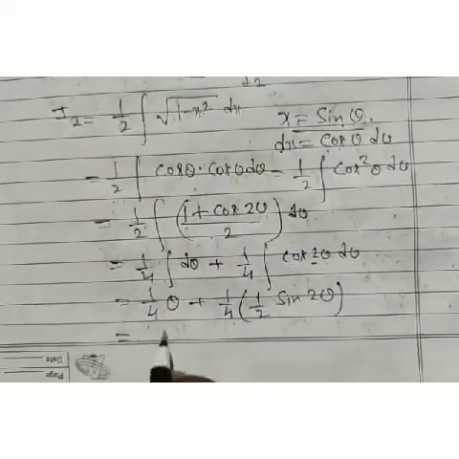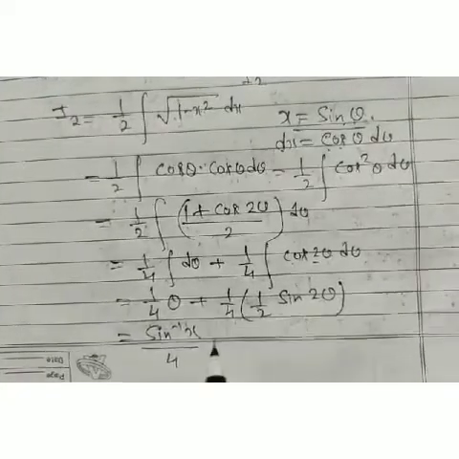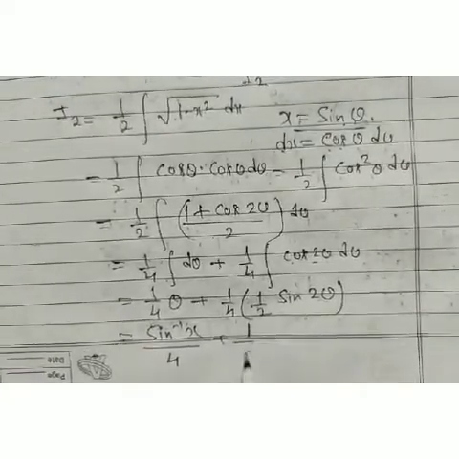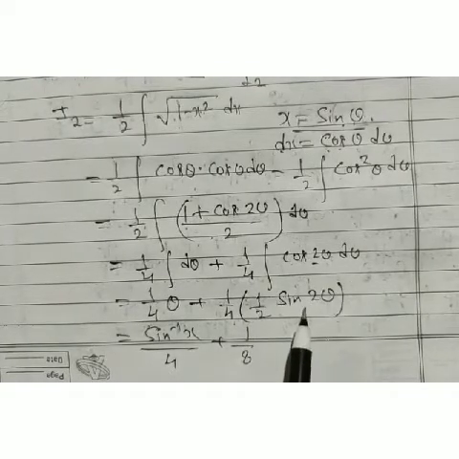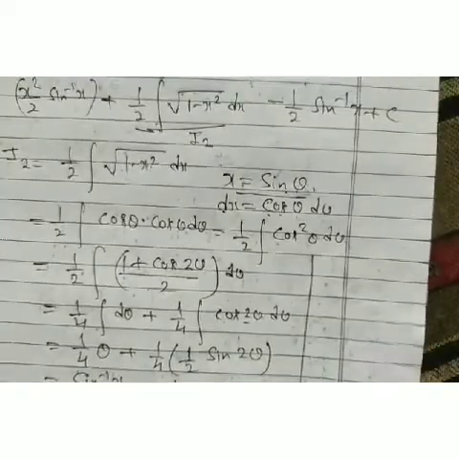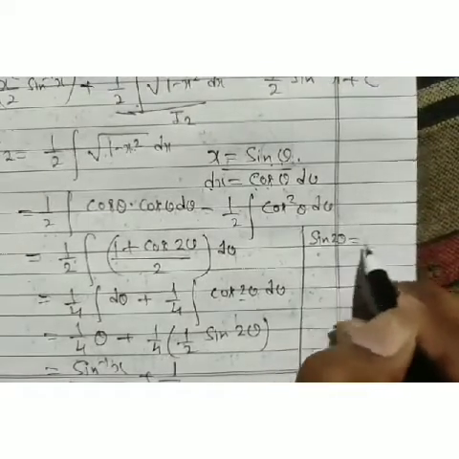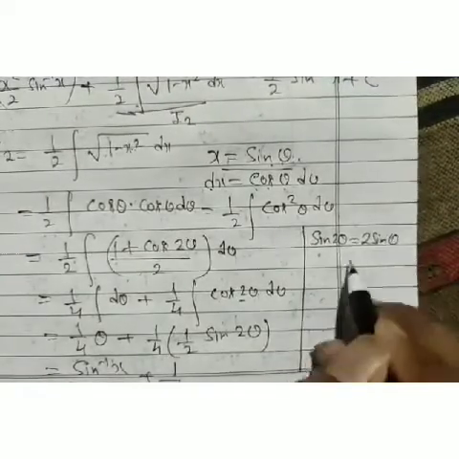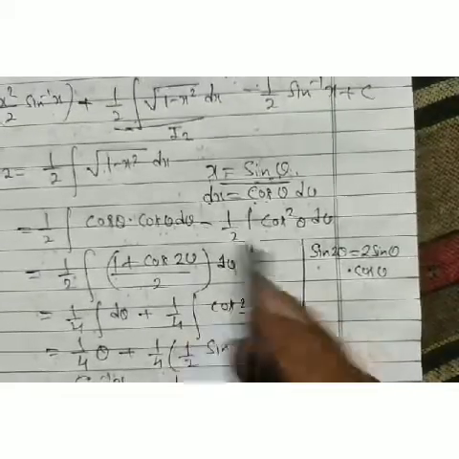Then it's sine inverse x by 4, and here it's 1/8 of, now we have to find the value of sine 2 theta. Sine 2 theta is 2 sine theta into cos theta, and sine theta is x.